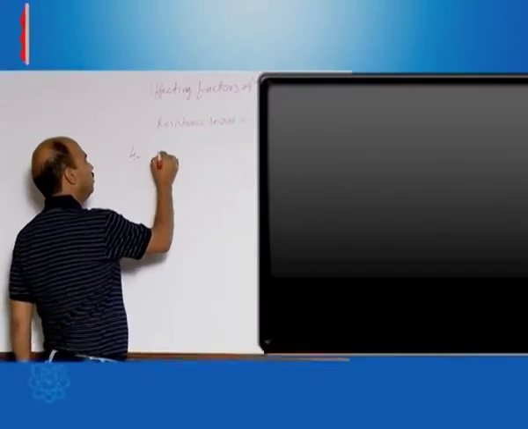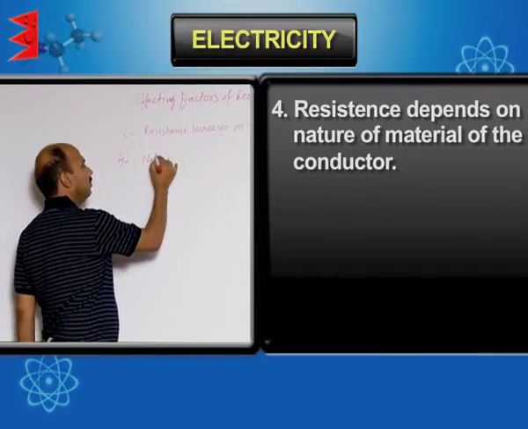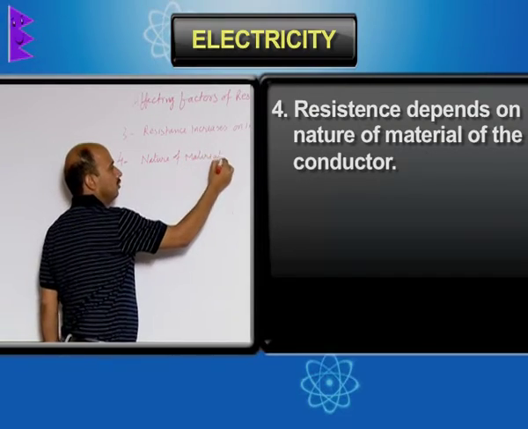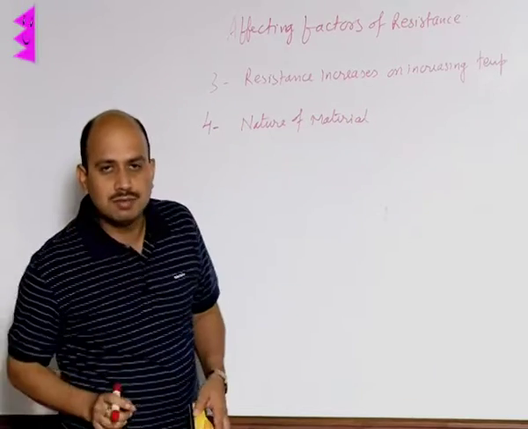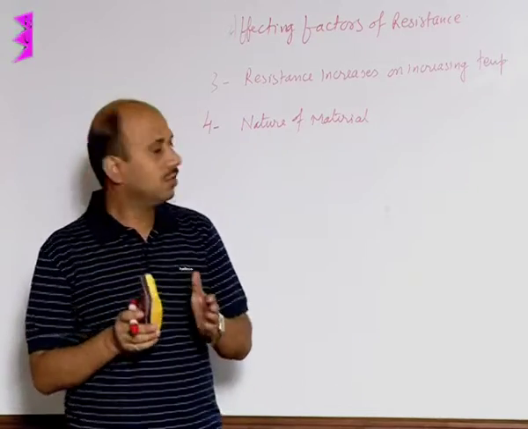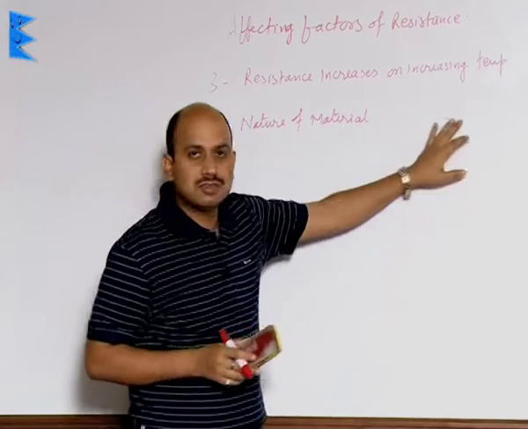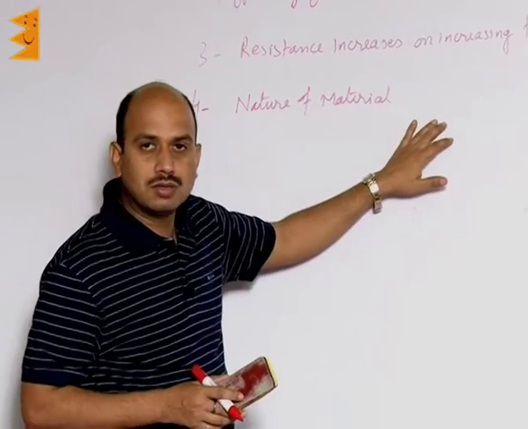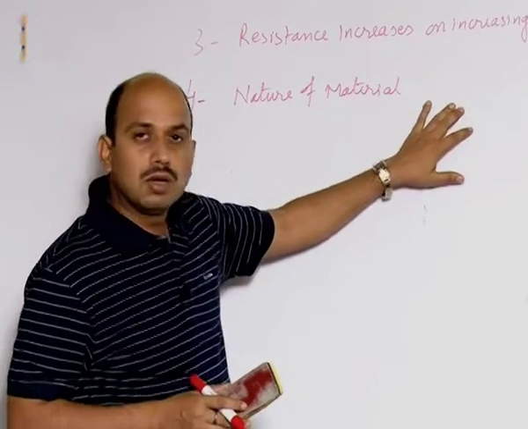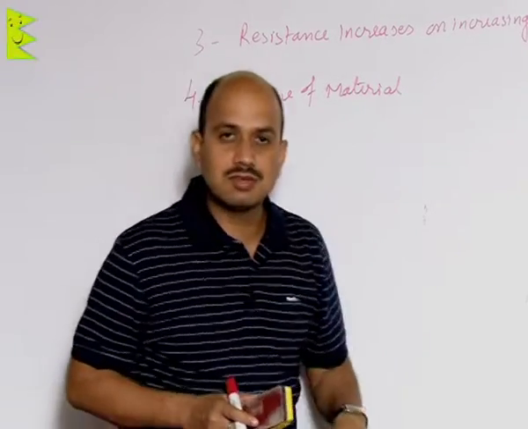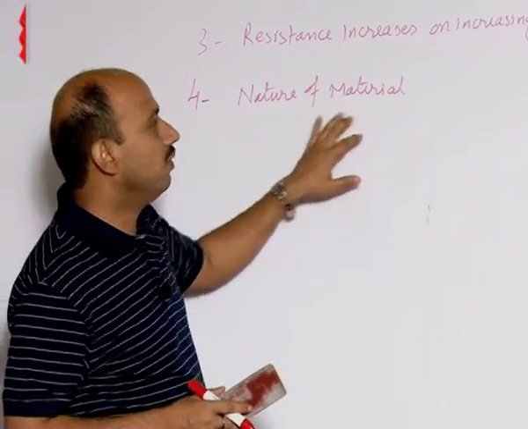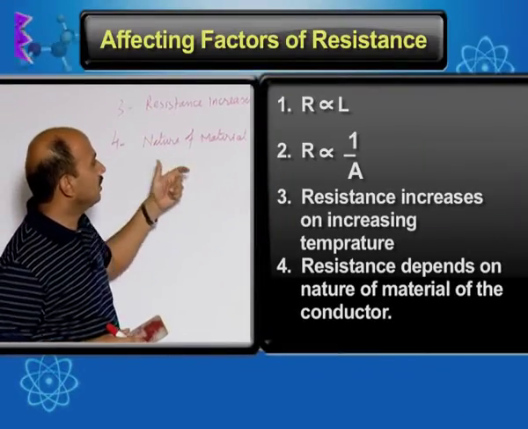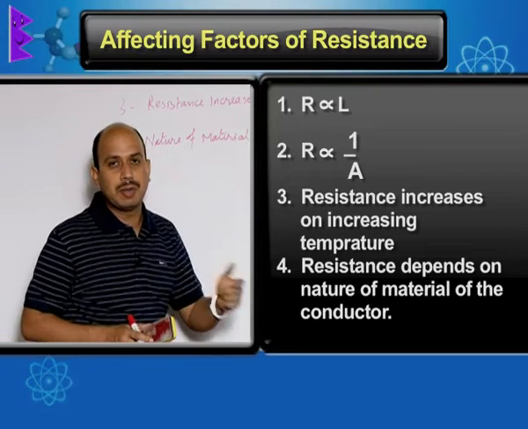It means here you can write nature of the material. See, nature of material means the different materials offer different resistances. If you take any good conductor or any poor conductor, a good conductor will offer lesser resistance and a poor conductor will offer very high resistance. So, these are the four factors on which the resistance of a conductor depends.